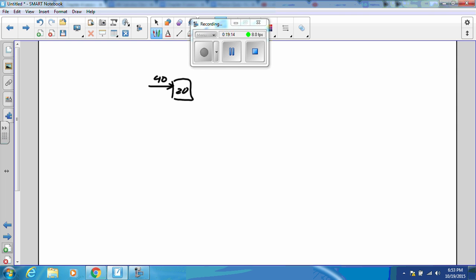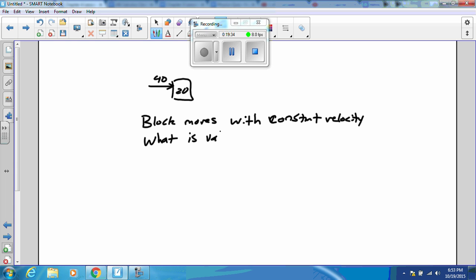That force of 40 newtons is not enough to get it moving from rest, but it is enough to keep it moving with constant speed. Let's call it constant velocity. And so we want to know now what is the value of mu k.